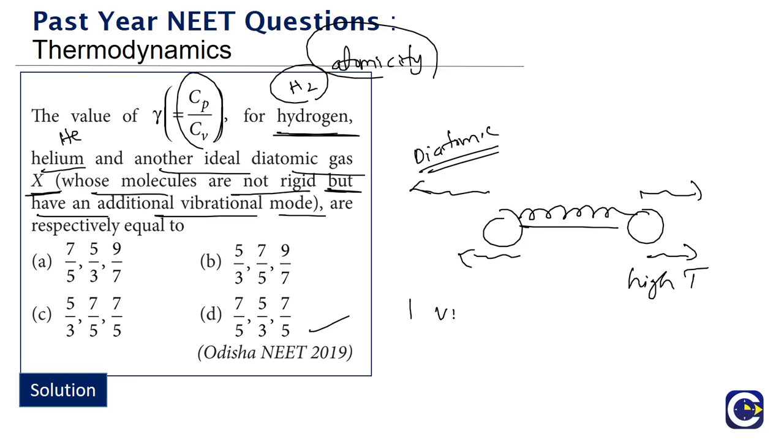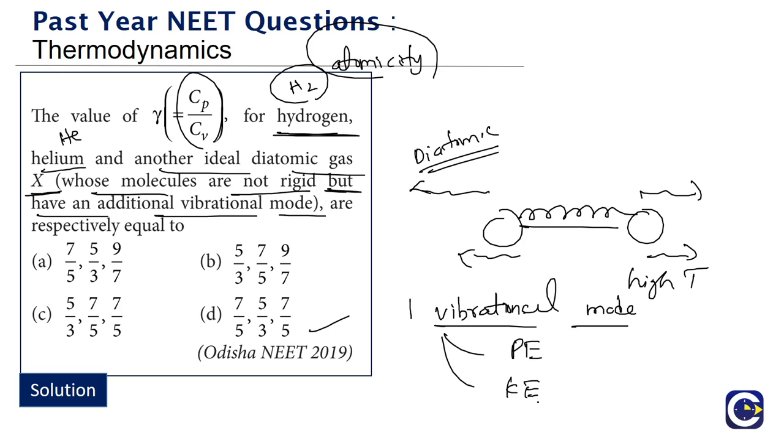For the diatomic, there will be only one vibrational mode. For every one vibrational mode, because in the oscillation chapter also we will study, we will associate the energy in terms of potential energy as well as kinetic energy. So that vibrational potential energy term will be there, and then the kinetic energy term will be there. So for every vibrational mode there will be 2 degrees of freedom.